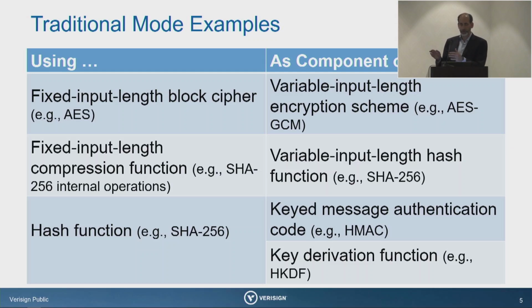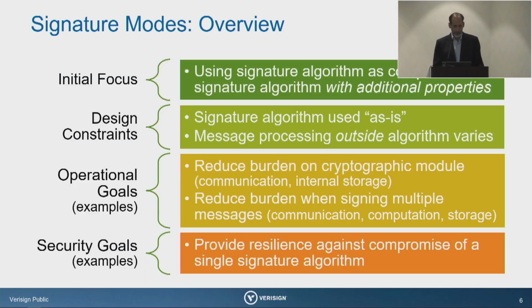So these are different additional properties that make assumptions on the hash function, and there are some general characteristics where you could substitute the hash functions and still get the overall objectives derived from what's happening internally. So I invite you to consider signature algorithms in a similar way. If we put in our first column using a signature algorithm as a component of something else, what's the larger property that you're attempting to achieve?